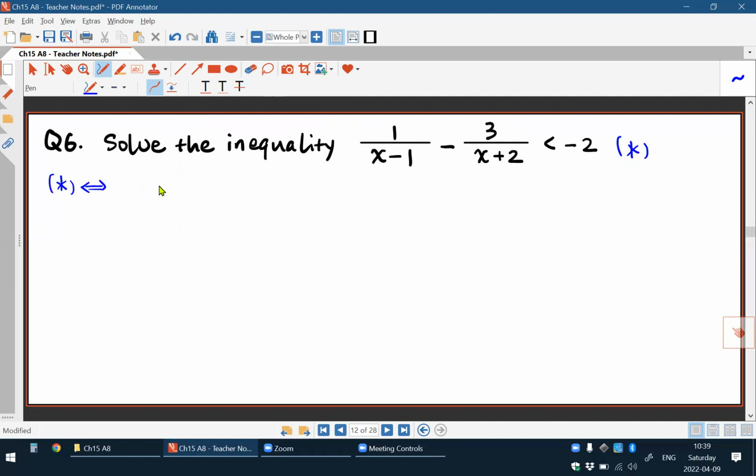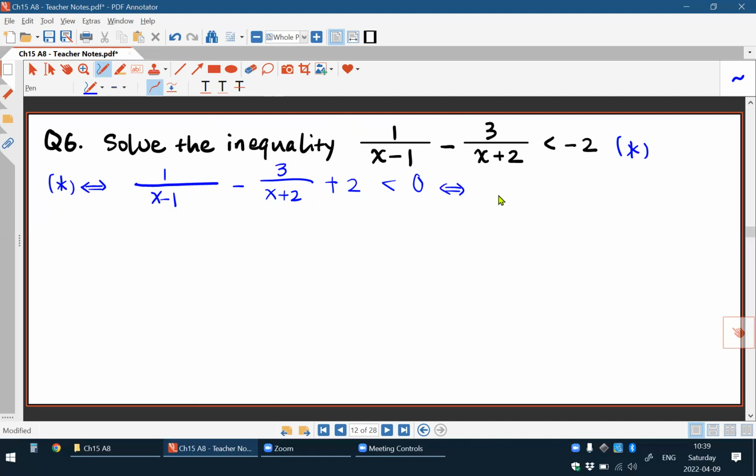Then the original expression is equivalent to 1/(x - 1) - 3/(x + 2) + 2 less than 0, right? And this is the equivalent.